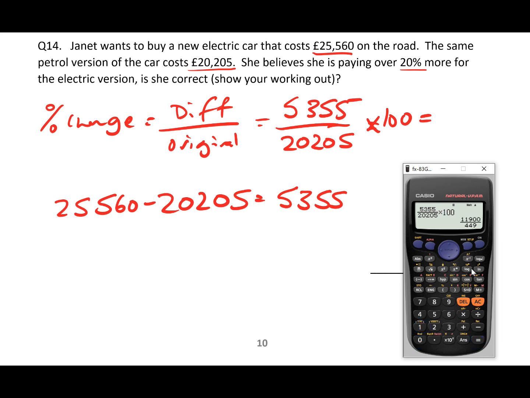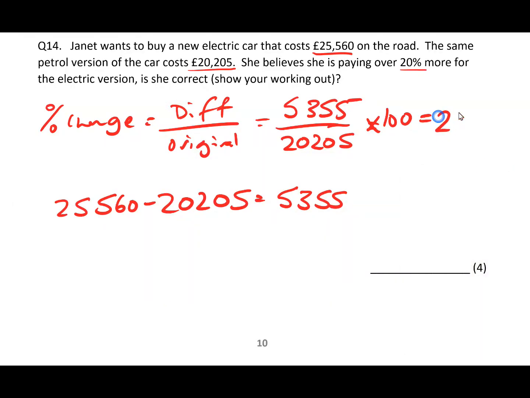Press equals, press SD, and you have 26.5033 with a recurring over the 5. And then the number went on. So rounded to, let's call it 26.5%.